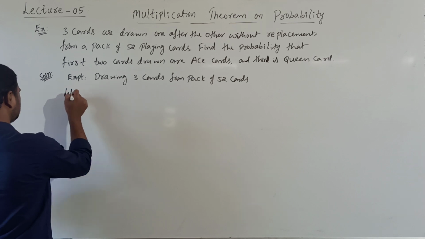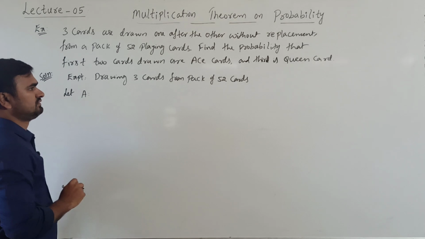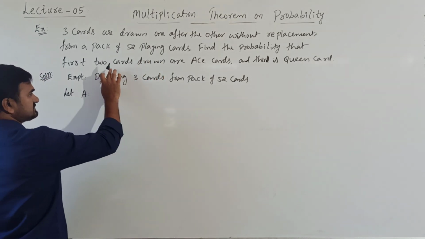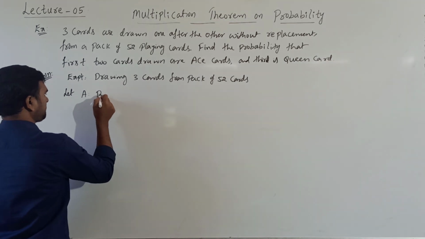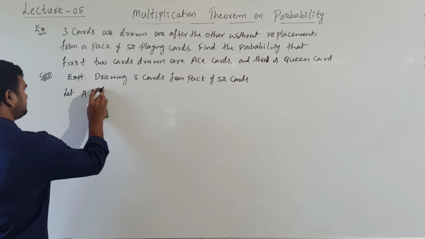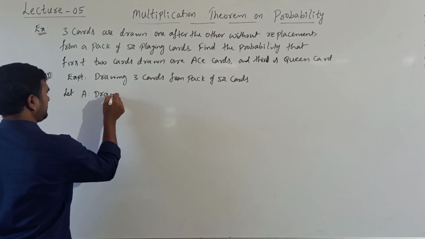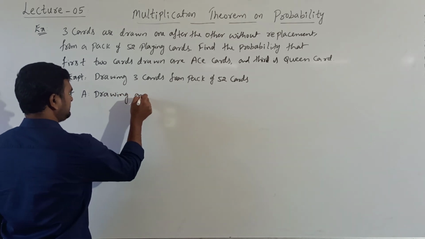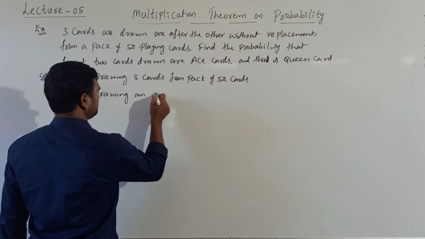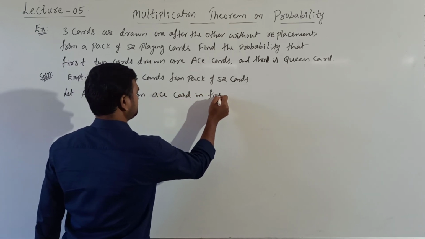Let us define the events. A is the event of drawing an ace card in the first draw.